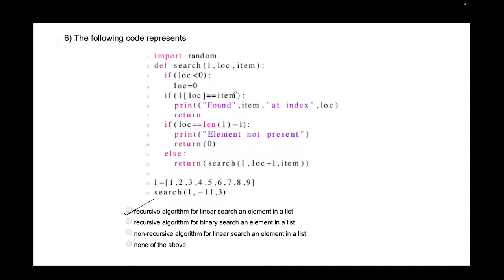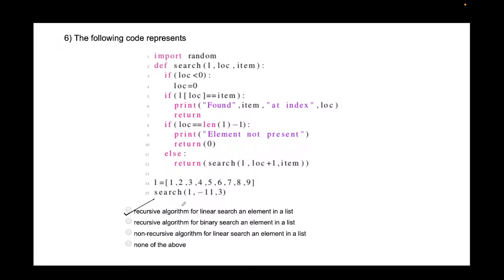What this snippet does is, it is a recursive algorithm for linear search of an element in a list. Binary search is dividing our population into two halves and then searching in one half and then the other.